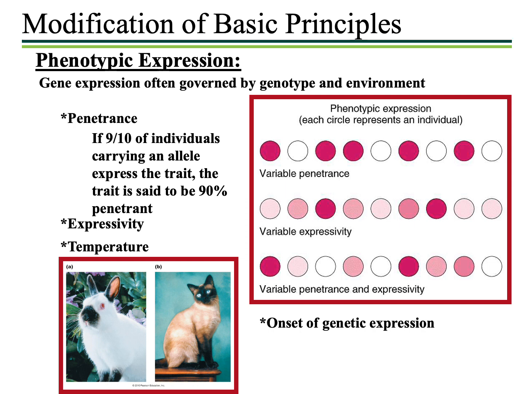The next example on this particular slide has to do with temperature. And temperature does in fact play a role in many situations, and that's because gene products can be sensitive to temperature. The example that you see here is a Siamese cat and a Himalayan rabbit. What you want to notice from both of these images is that the body of the animal is light in color, and the extremities, the paws, the ears, the tips of the nose, are darker in color.